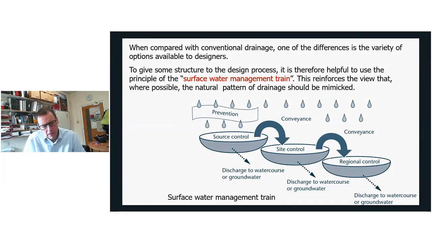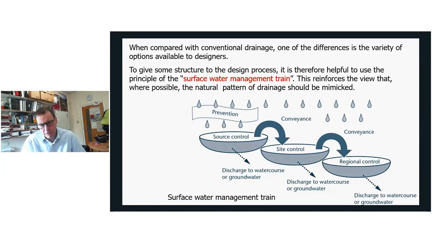You've got source control, which is basically trying to deal with the rainfall where it falls. So that could be a permeable paving surface, so the water falls on that surface, and that's the end of the story for that rainfall, because it infiltrates into that, and hopefully discharges to groundwater if that's the way it's been designed.